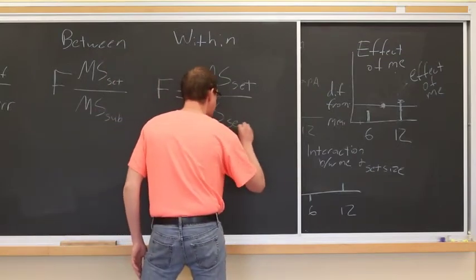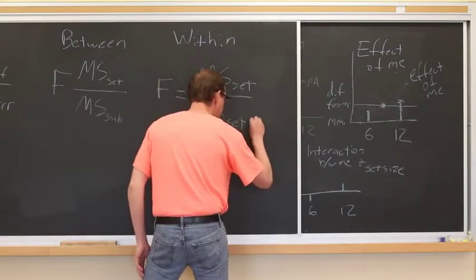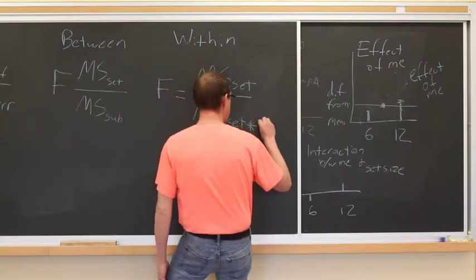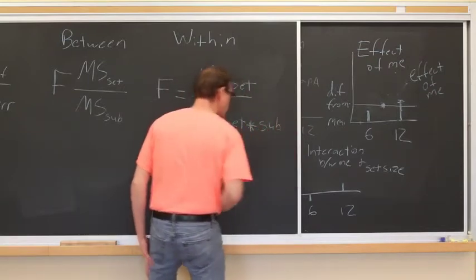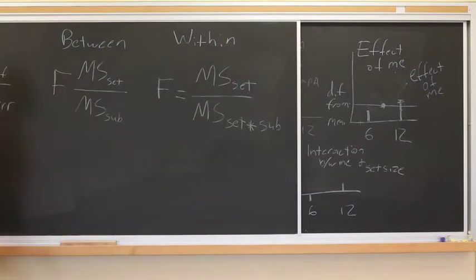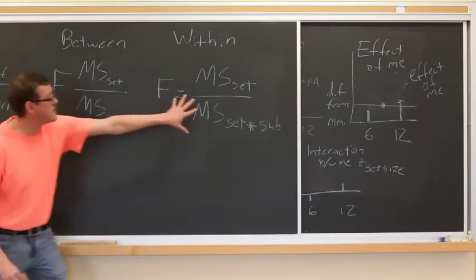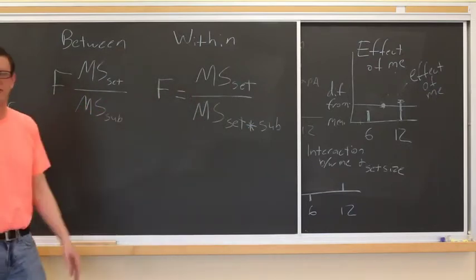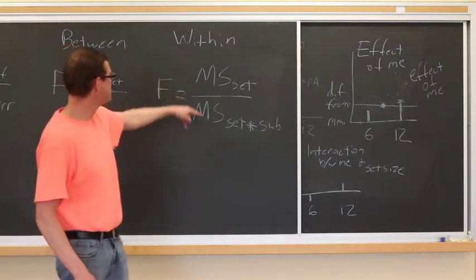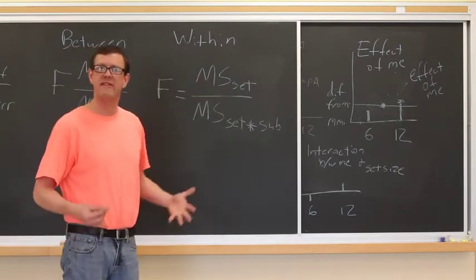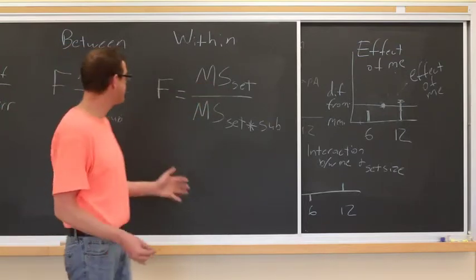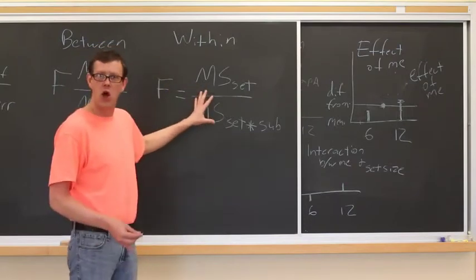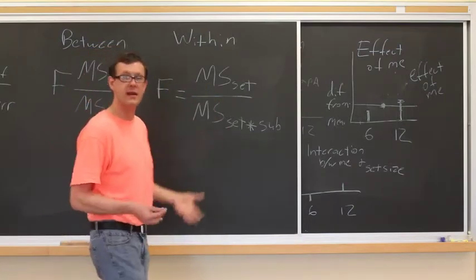So this is the set size by, using an asterisk, by subject interaction. And we have basically gotten rid of the effect of subject to see whether or not there is an effect of set size. And this is going to give us more power, a greater ability to detect effects.